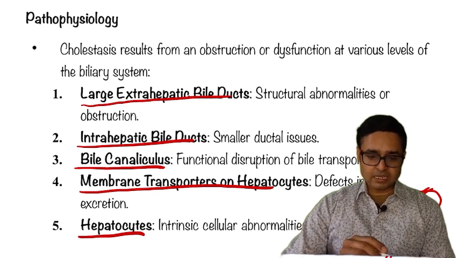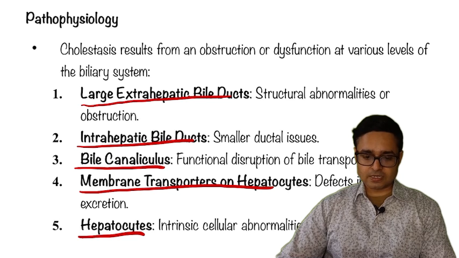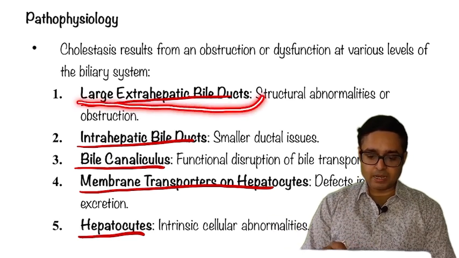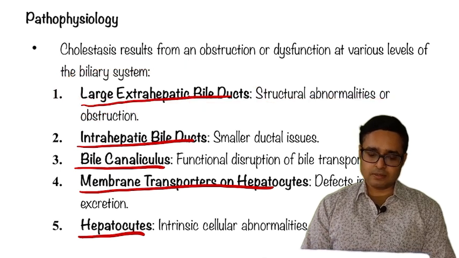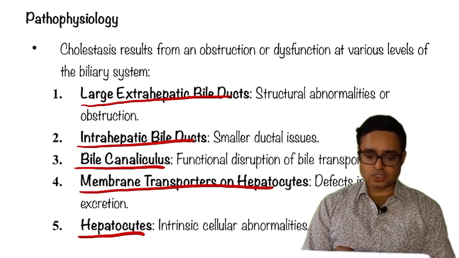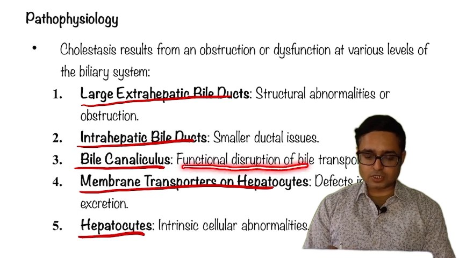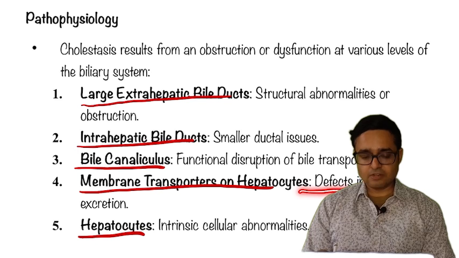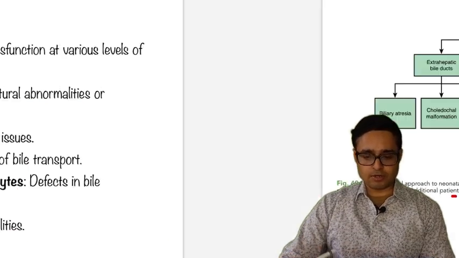So basically, this is the anatomical classification of cholestasis. Large extrahepatic bile ducts can have structural abnormality or obstruction. Intrahepatic bile duct obstruction can lead to cholestasis. Bile canaliculi can have functional disruption of bile transport, membrane transporters on hepatocytes can have defects in bile excretion, and there can be hepatocyte intrinsic cellular abnormalities.